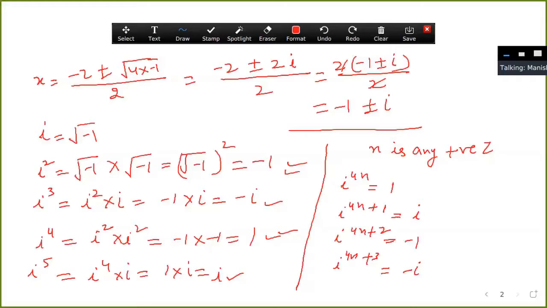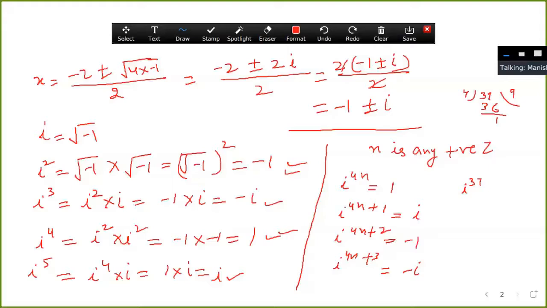Suppose somewhere it is written iota to the power 37. You want to check 37 when divided by 4, what you are getting? 36 and remainder is 1.